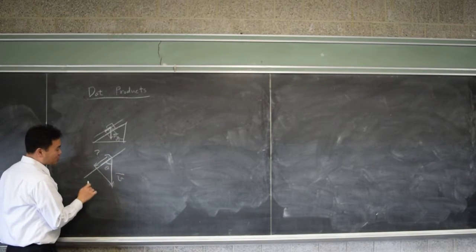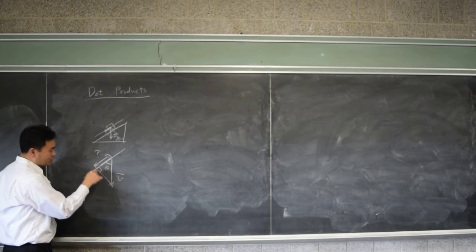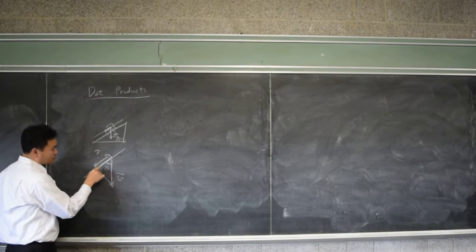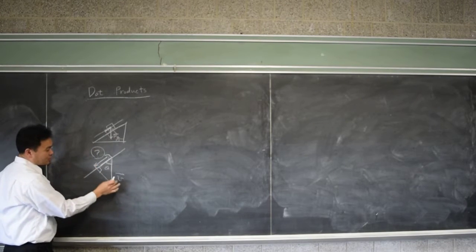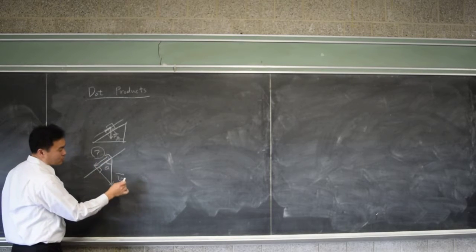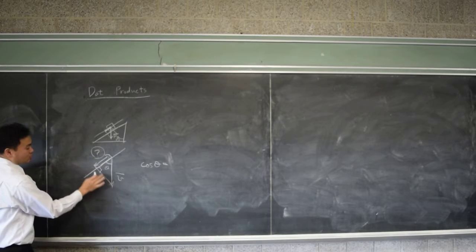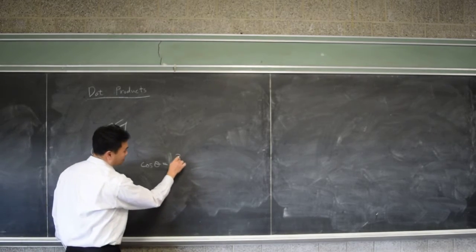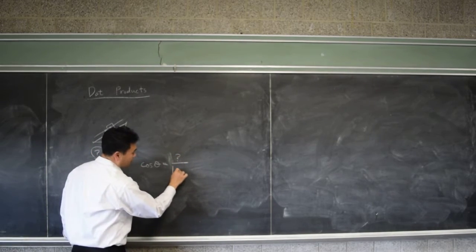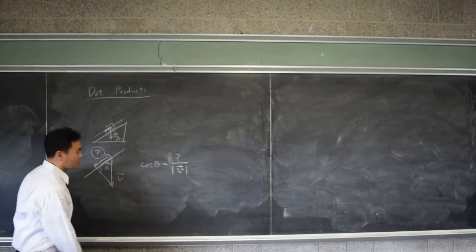So to be more specific, this is a right triangle where this side is adjacent and this is the hypotenuse, and you can say that cosine of theta, being adjacent over hypotenuse, should be written as this question mark over the norm of that vector.